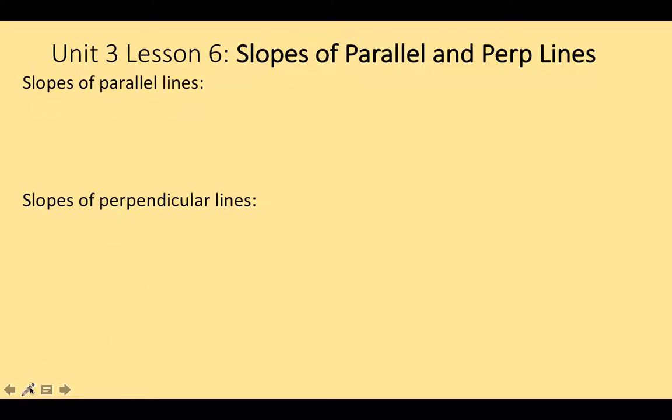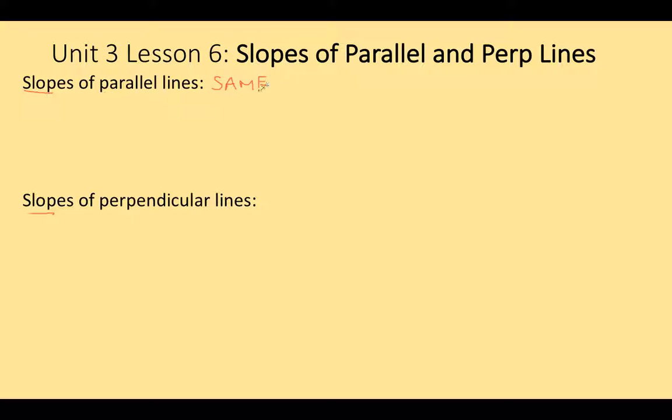All right, so first things first. Two things that you need to know about parallel lines and then perpendicular lines, and specifically dealing with their slopes. So the slopes of parallel lines are the same.